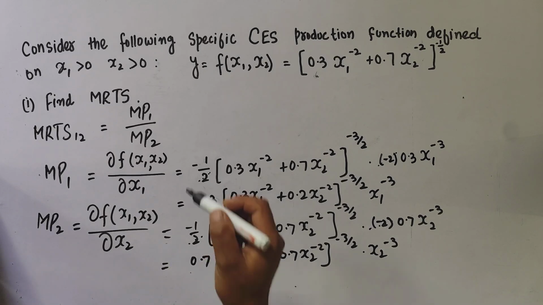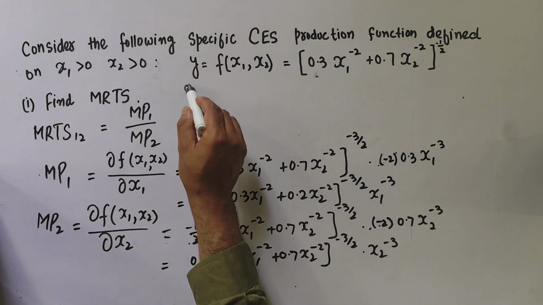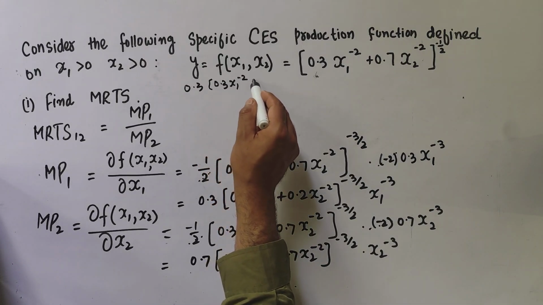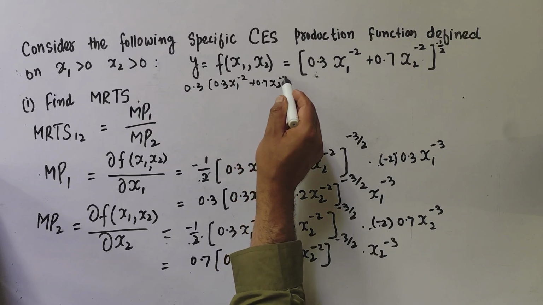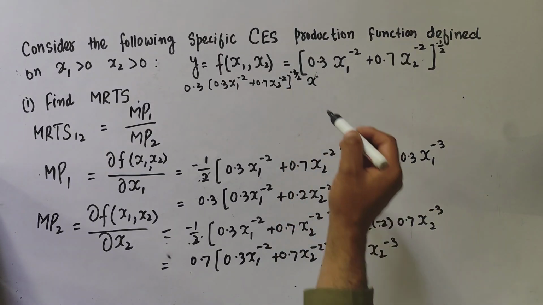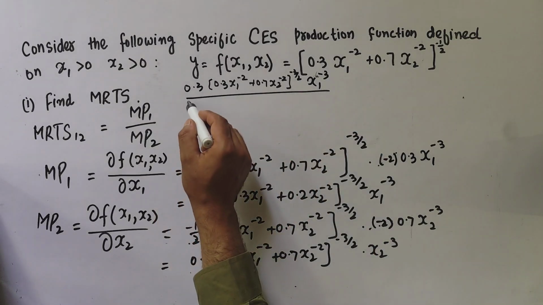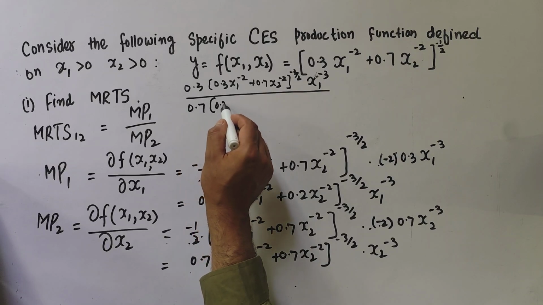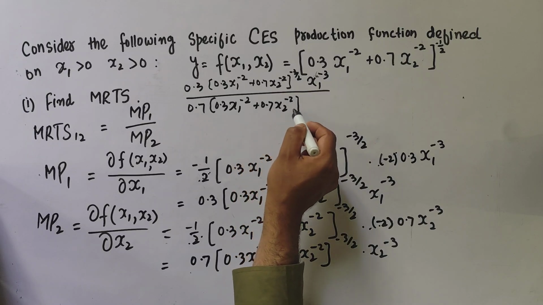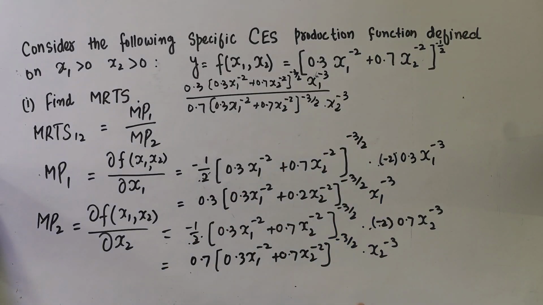Since we need MP1 upon MP2, MP1 is 0.3 times (0.3 x1^(-2) + 0.7 x2^(-2))^(-3/2) times x1^(-3), divided by 0.7 times the same bracket term raised to the power of negative 3/2, times x2^(-3).